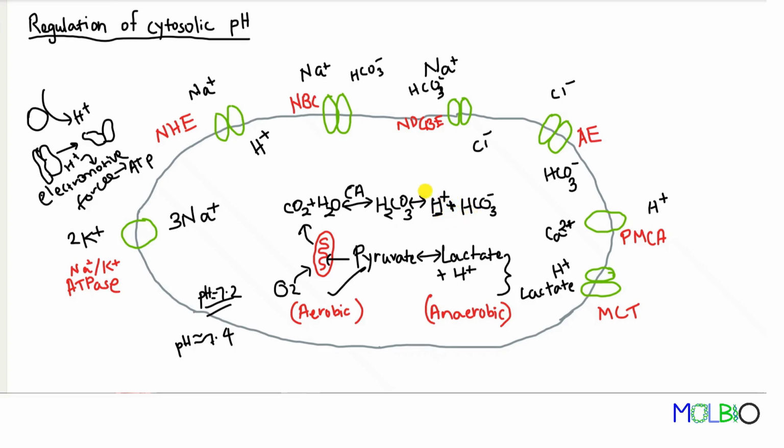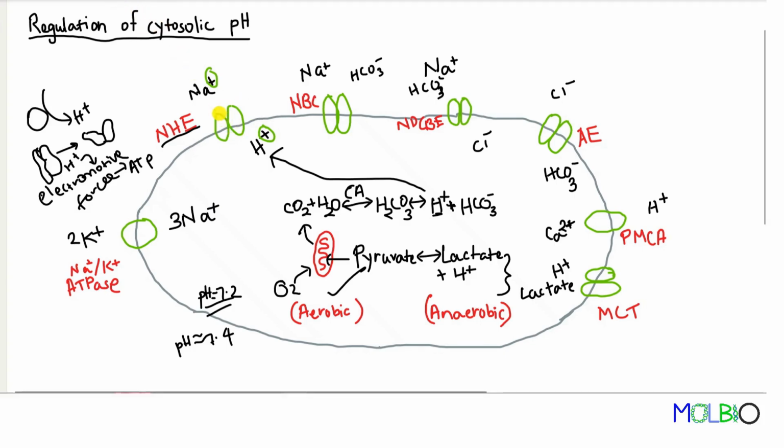Now, this proton increase inside the cell will make it acidic and it can cause acidosis. And to avoid that, we have these transporters. For example, one of the main players of proton or pH balance is the sodium proton exchanger, which takes the proton out, and in order to make the exchange charge neutral, it exchanges it for a sodium ion, which has the same charge as a proton.